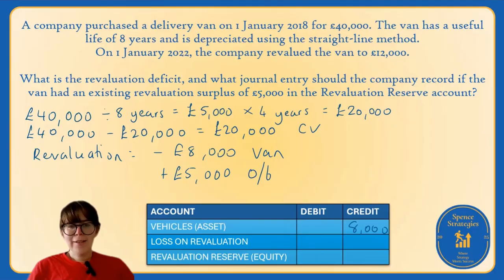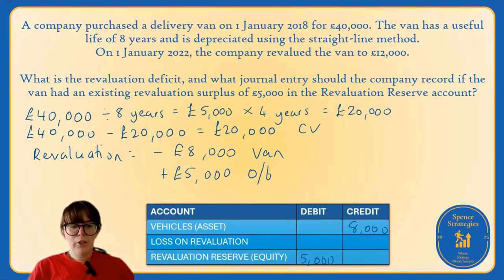I therefore need my debits to add up to £8,000. Well, my revaluation reserve, I already know held £5,000 in it because that's what the question told me. So all I've got to do is transfer that directly down.